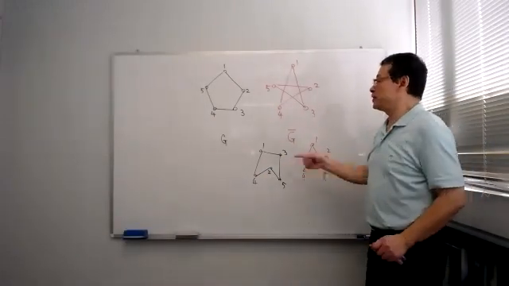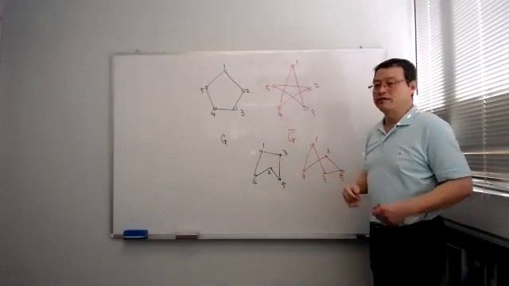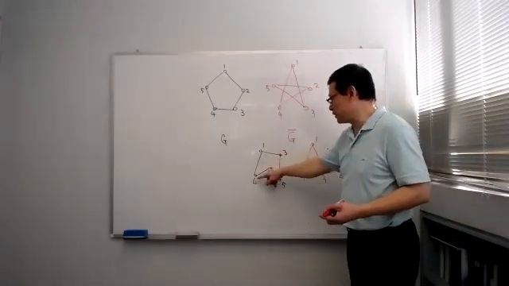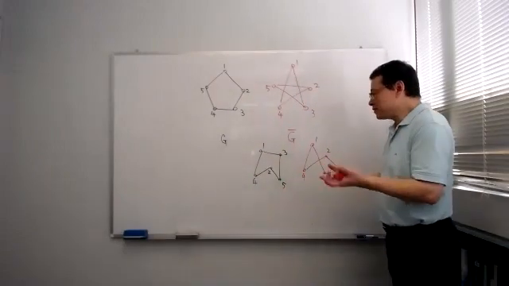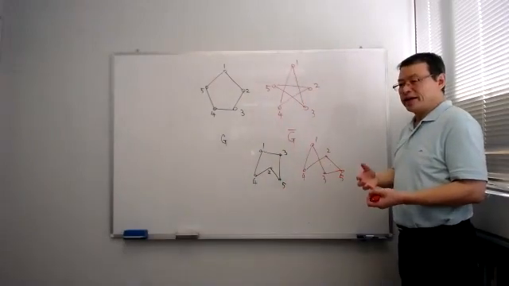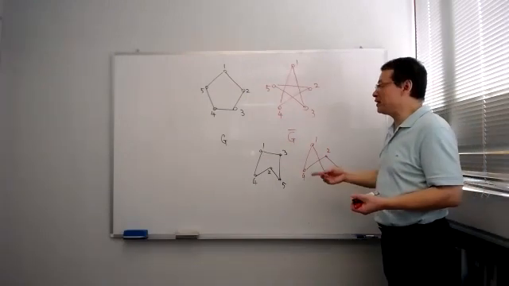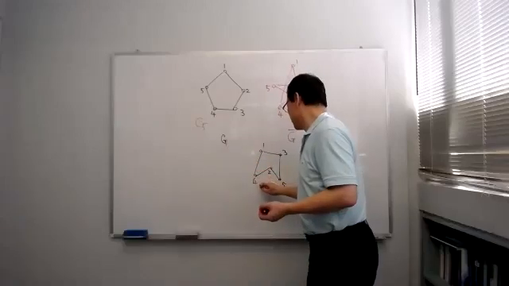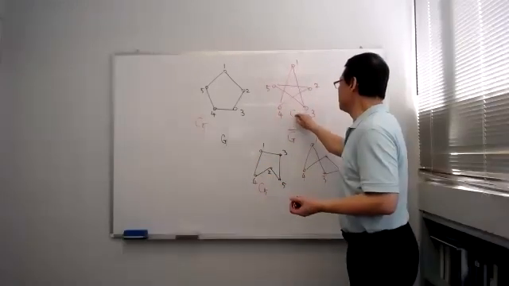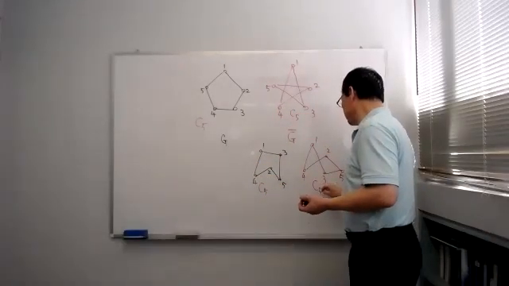Then I ask the same question: are these two graphs the same? Of course they're different, because here one vertex is adjacent to 3 and 4, and here one is adjacent to 2 and 5. But do they have a similar structure? Actually, yes. Both of them represent C5.